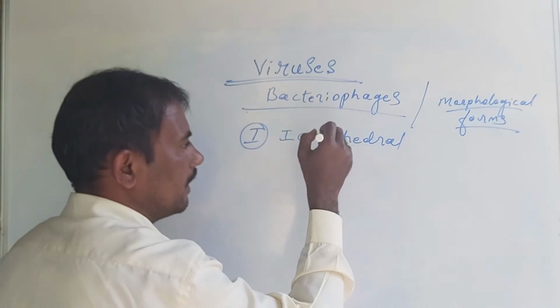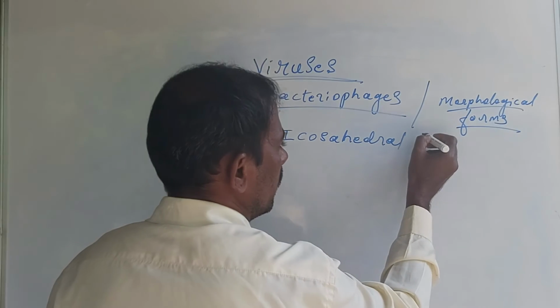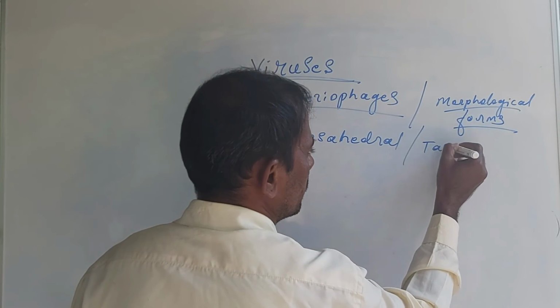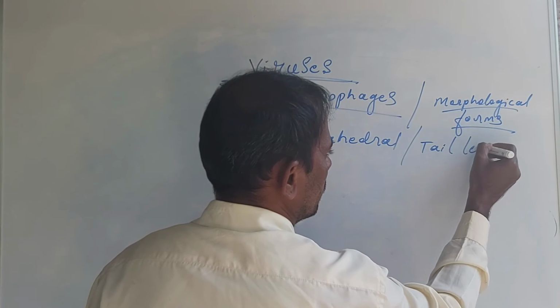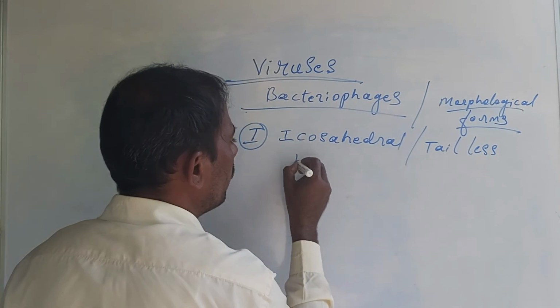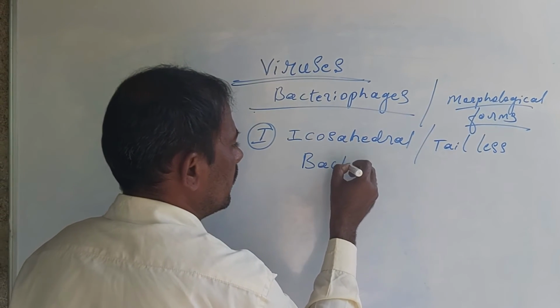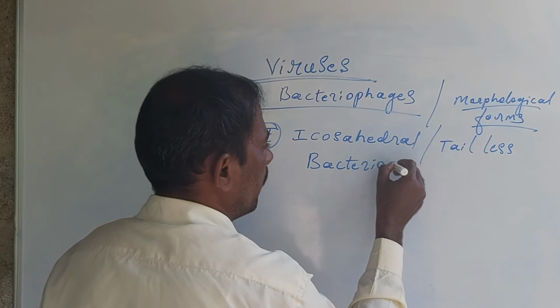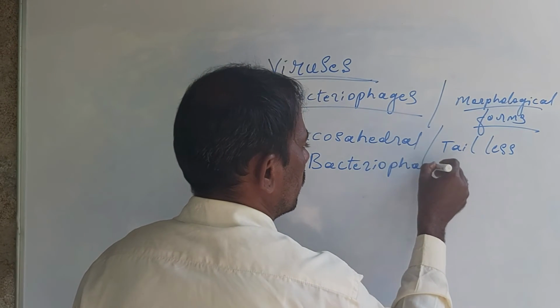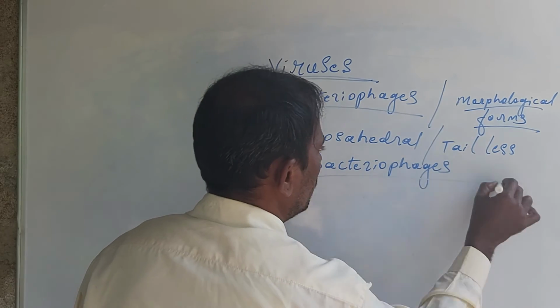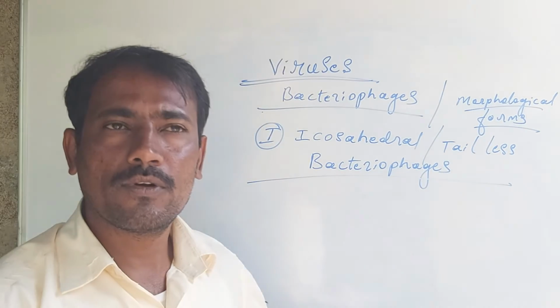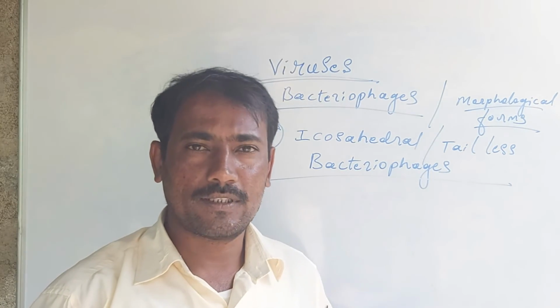Icosahedral symmetry, also called tailless bacteriophages. This is the first group of the bacteriophages.